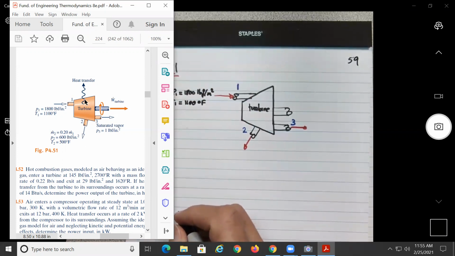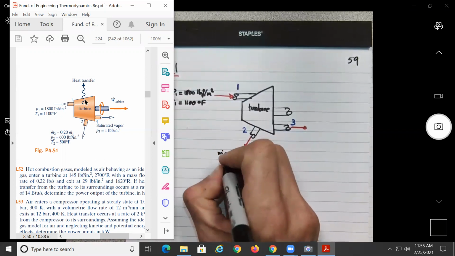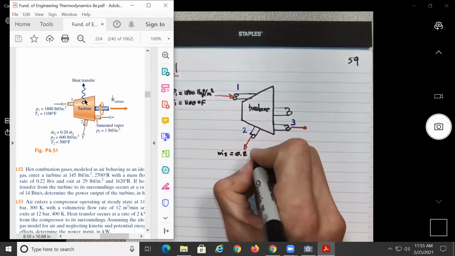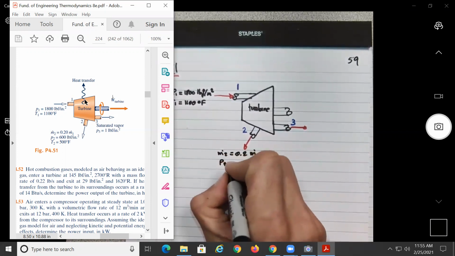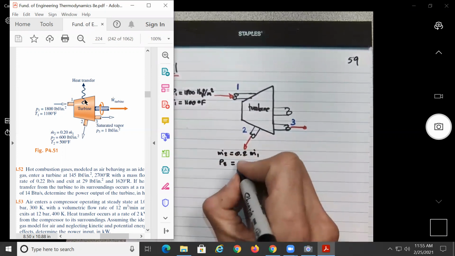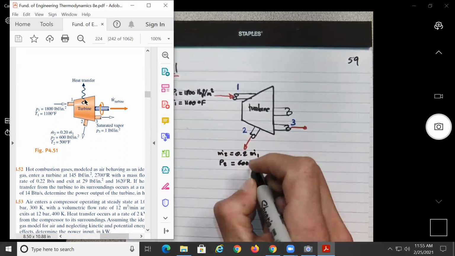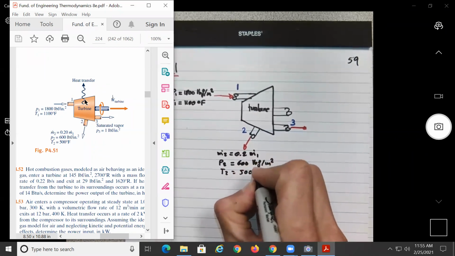They don't give us a mass flow. We know m.2, the mass flow going out, is 0.2, okay, of the mass flow going in. P2 is 600 psi. T2 equal 500 degrees Fahrenheit.